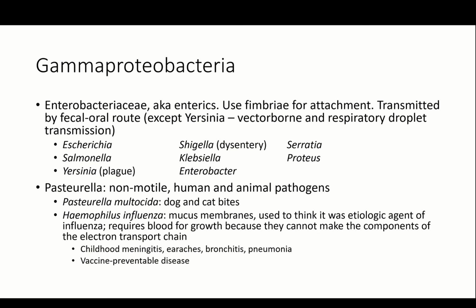But in reality, it's really more of a secondary infection where you have true influenza first, and that weakens your natural defenses and activates your immune system and sort of distracts it from an additional threat, which is when Haemophilus influenzae comes on the scene as a secondary infection and can gain a foothold. It does require blood for growth in culture media, and that makes sense based on the name.